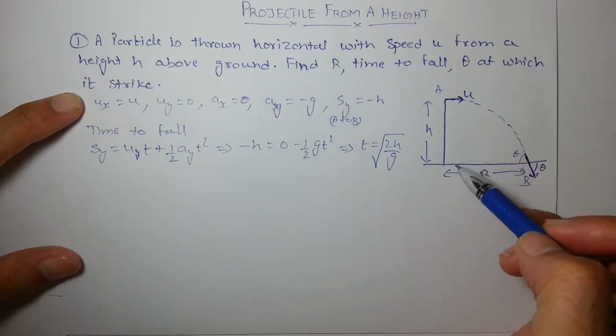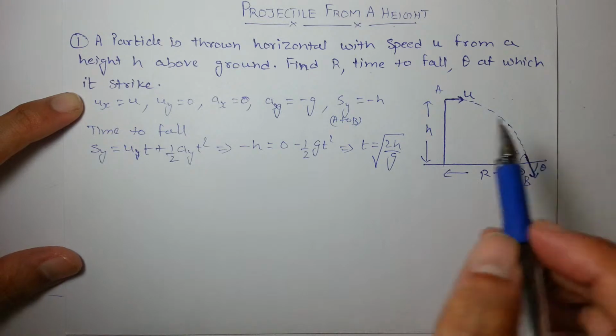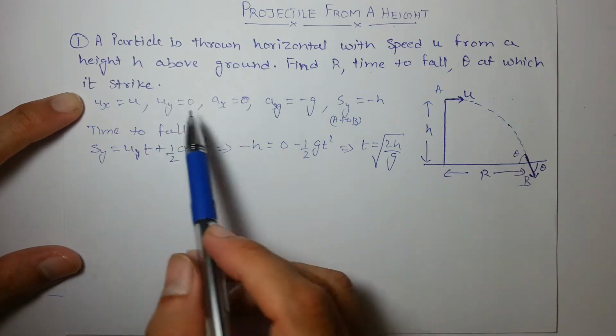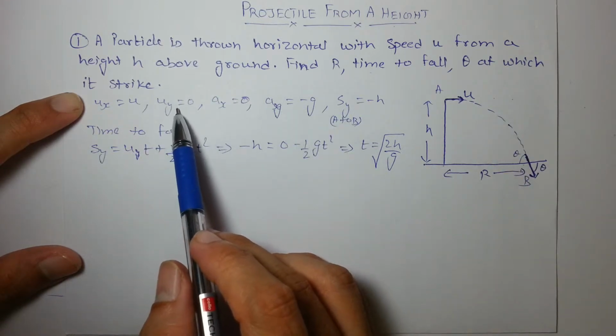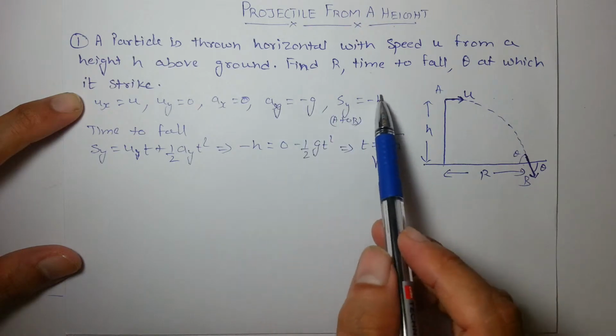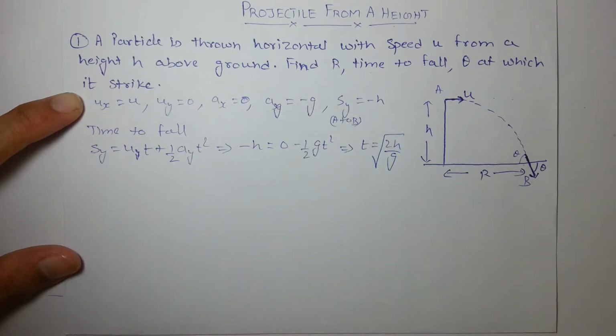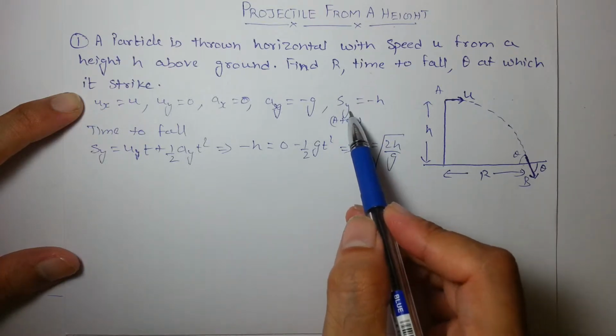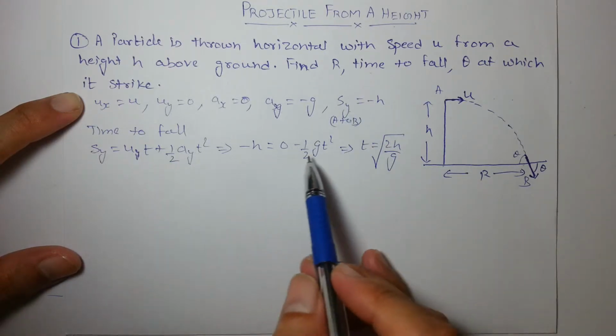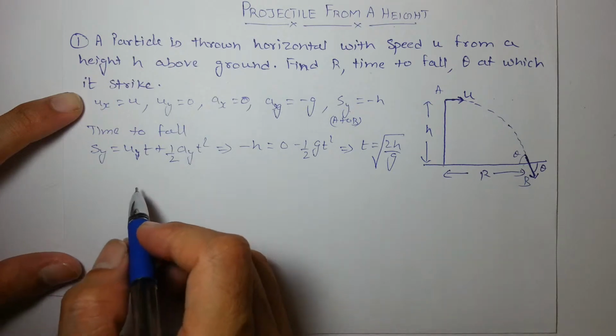So which will reach the ground first? Both will reach simultaneously because both will have uy 0, again uy 0, ay this, and they have to displace equal amount to hit the ground in y direction. So all the parameters in y are the same, so the time taken will also be the same.